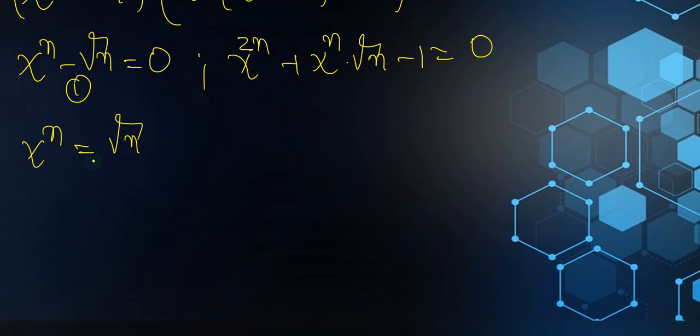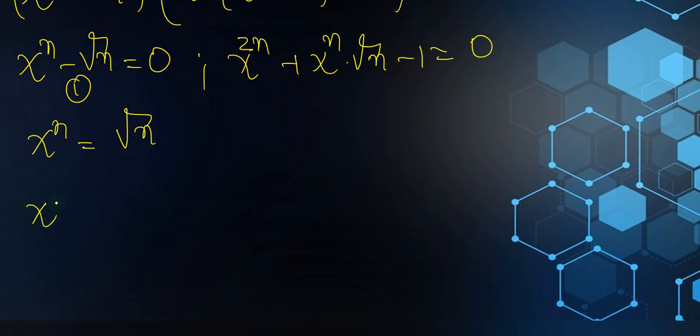I'm just going to say, taking both sides to the power of n... Sorry, we don't take both to the power of n. Let me just write it again. My apologies for this. So this is x to the n equals square root of n.